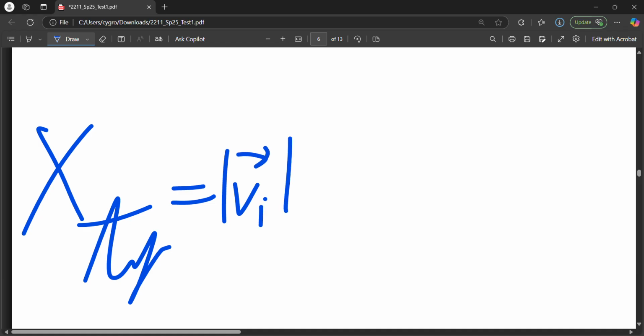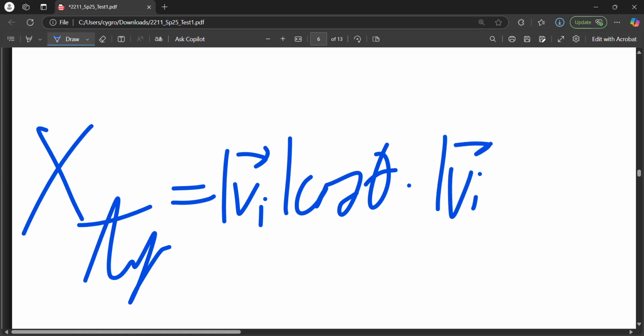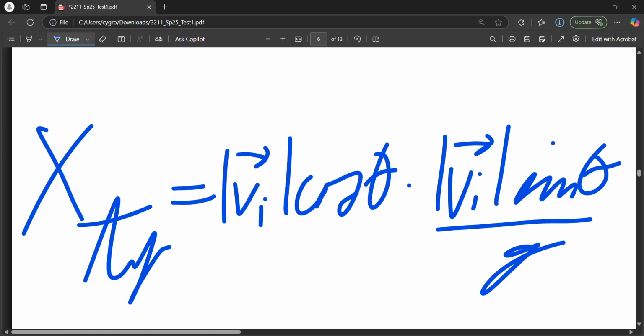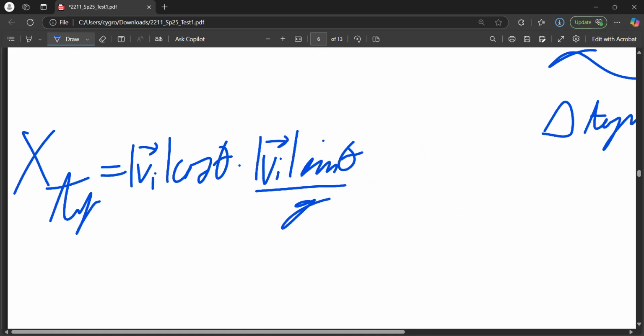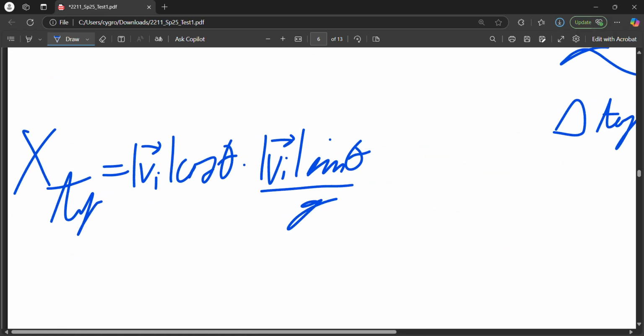Zoom in here. We're doing this to find our x top as well, and then moving it to find our velocity.